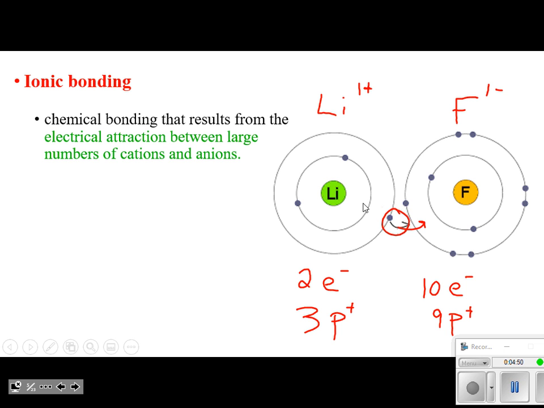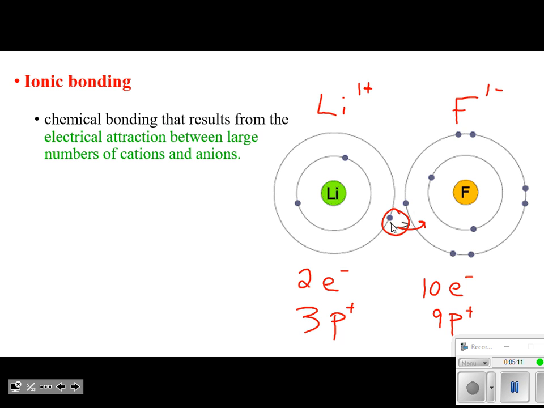So I have 1s2, 2s1. So I only have one valence electron. If you look at fluorine here, okay, I have 1s2, 2s2, 2p5. So on my valence level, I have 7 electrons. Fluorine only needs 1 more electron.